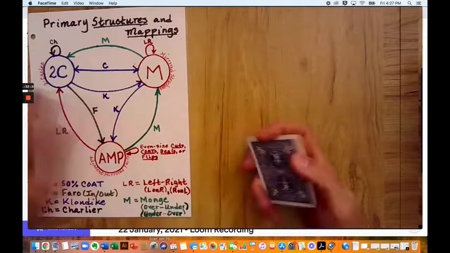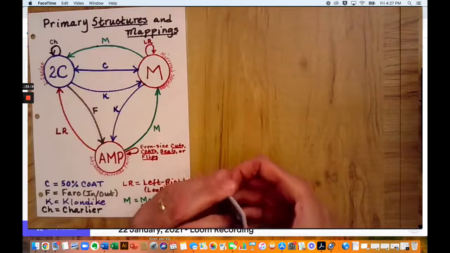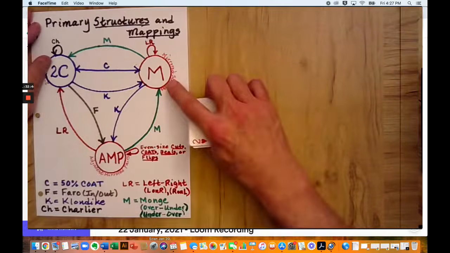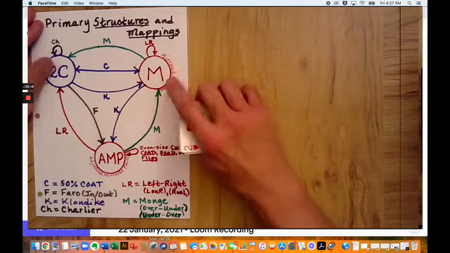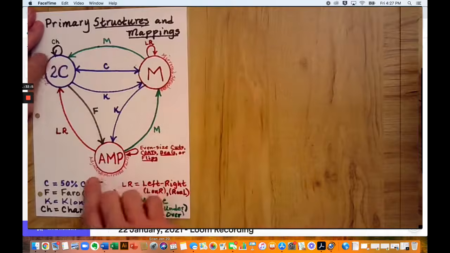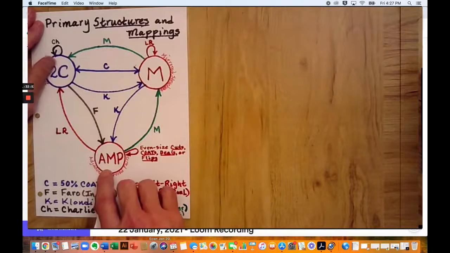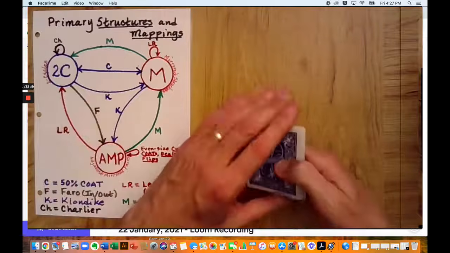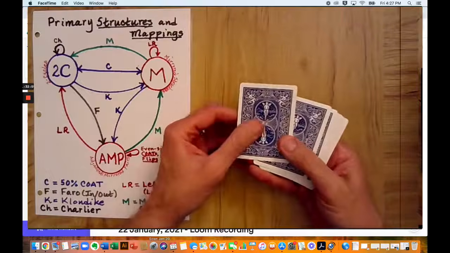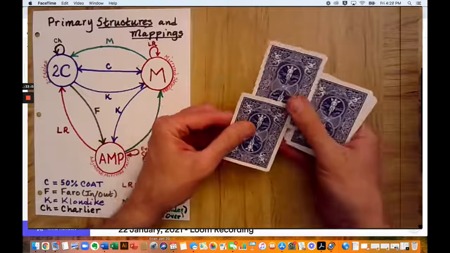The other one I wanted to show you is called an upjog. It's an automorphism on mirrored structures, and that's on the diagram. But it also converts AMP packets to 2 cycles. So an upjog is where you push the top card over, and then maybe you can do evens or odds.